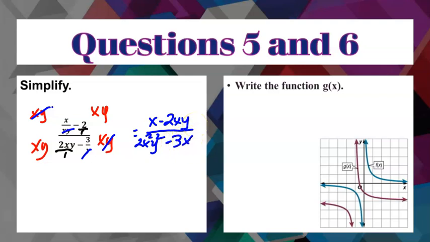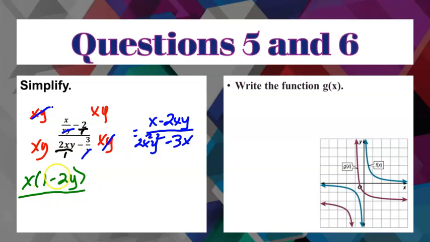Now if I look at what I have in common, all 4 parts in the numerator and the denominator have an x. So if I factor out an x in the numerator, I'm left with 1 minus 2y.